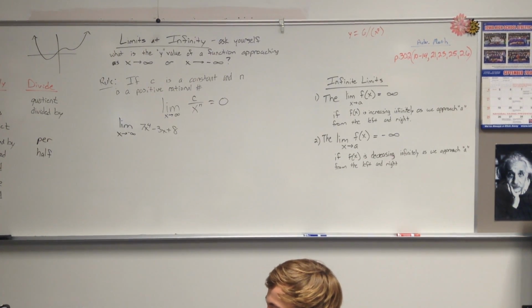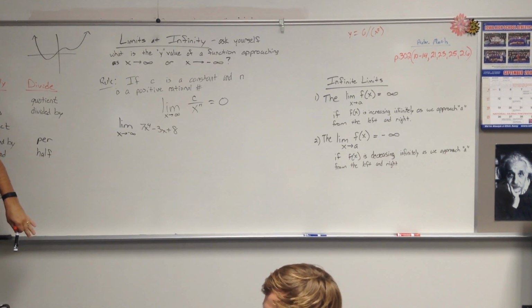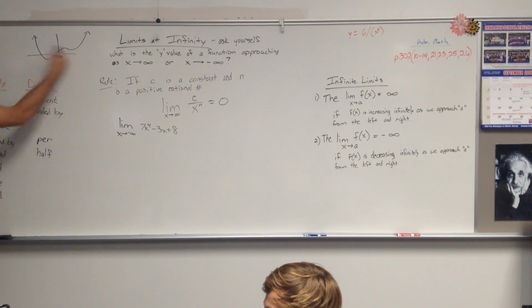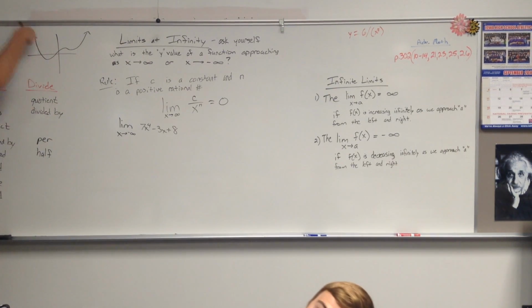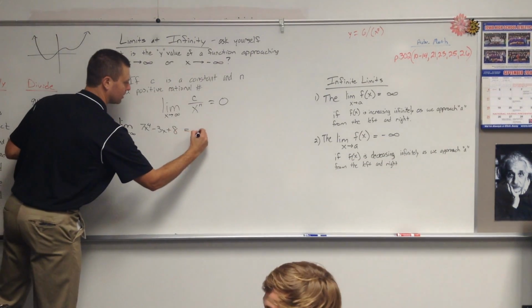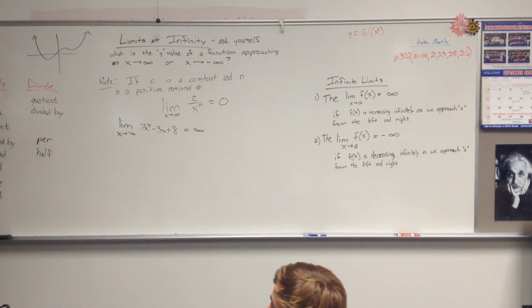Squares, 4th, 6th, 8th powers, all even powers do either this or this, right? We're talking about end behavior, what the graphs are doing at the far ends. So what would this graph do as I go this way forever? It's increasing, so it makes sense that it would be positive infinity. But I don't need the graph to do that, I can just think about it.